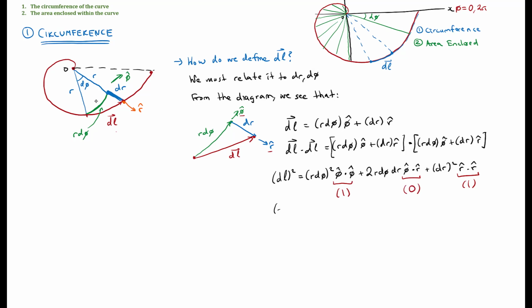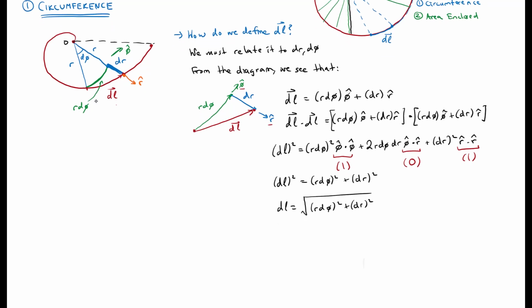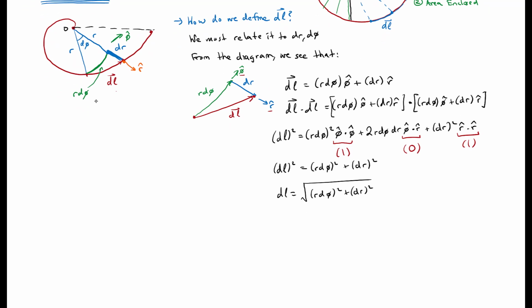So we can simplify this and have dl squared is equal to r d phi squared plus dr squared. So dl can be expressed as the square root of r d phi squared plus dr squared.